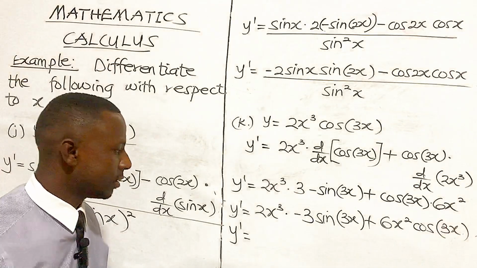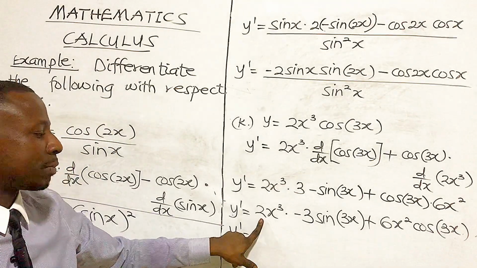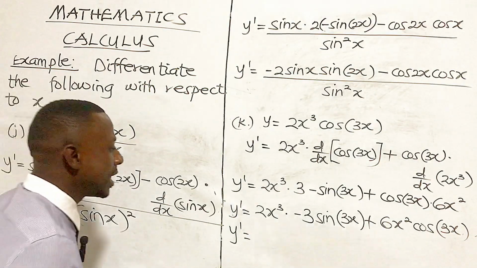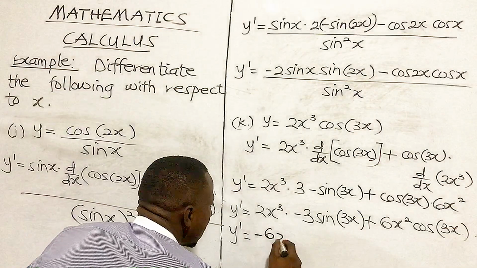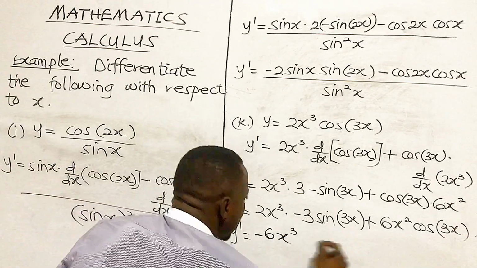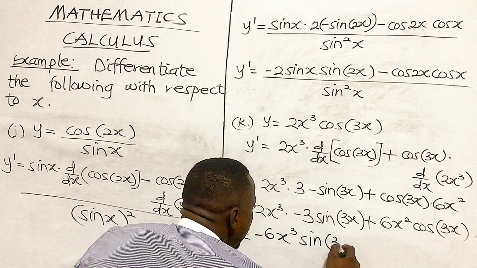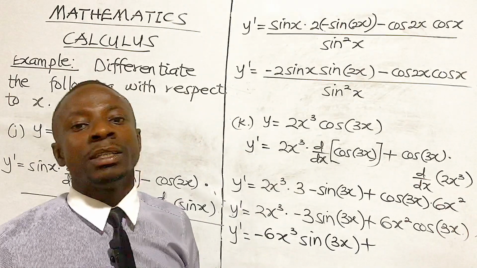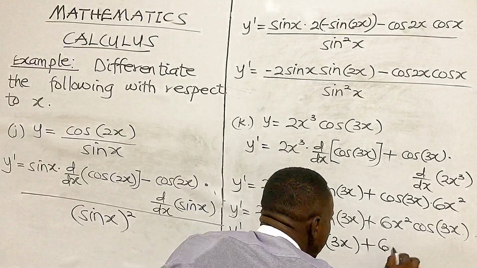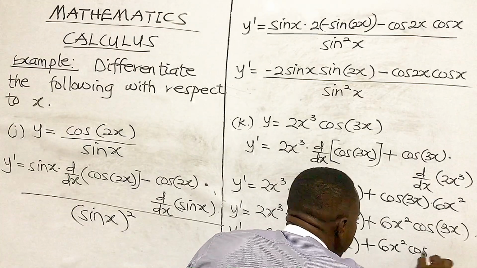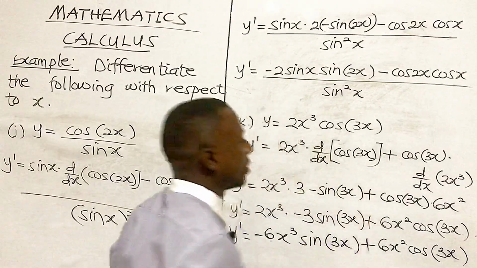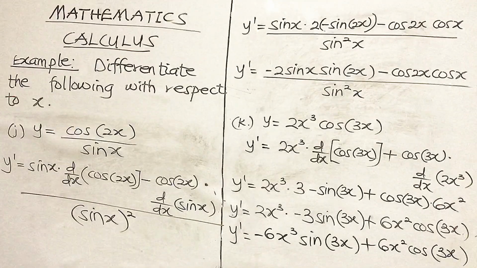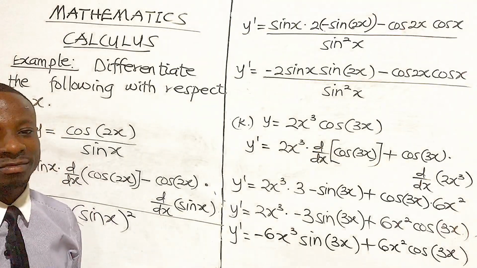In conclusion, I have negative 3 also multiplying 2x cubed, and we are going to get negative 6x cubed sine 3x plus then the remaining function, which is 6x squared cos 3x. And this is the final answer for this particular question.